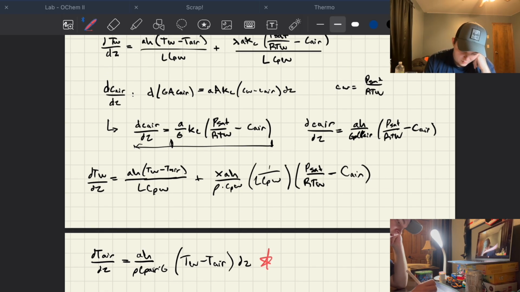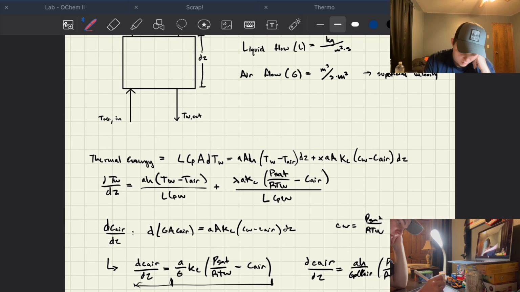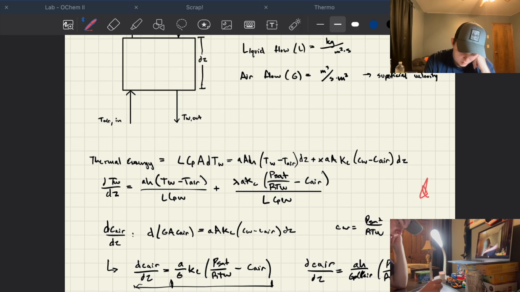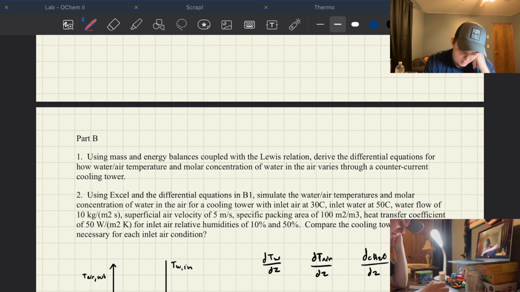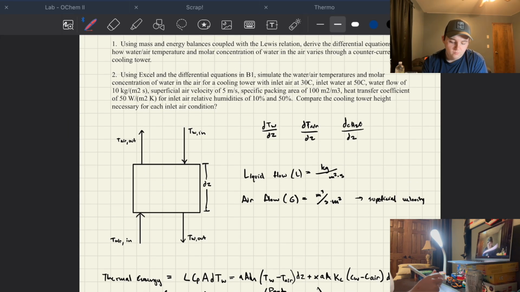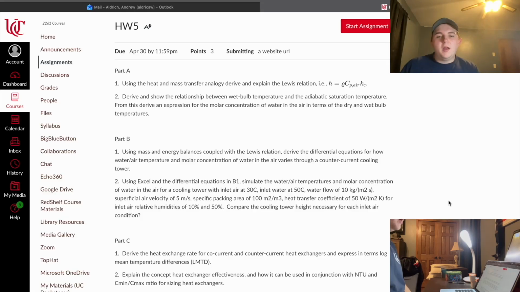Cool. So we have that term, we have our term here, we have our term here. Okay, cool. So that just was how we derive differential equations to solve for what we're going to be using in Excel.